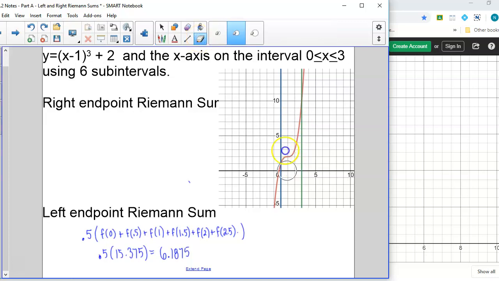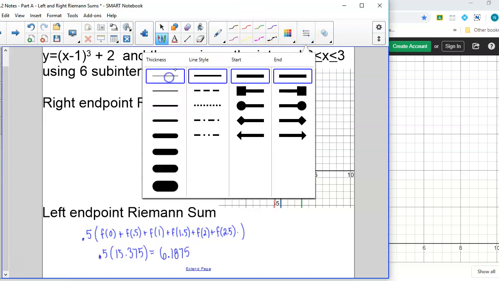Alright, so I'm going to now look at the overestimate for the graph. I'm going to color some more here.